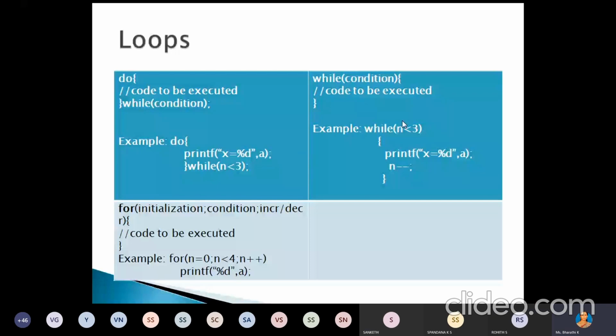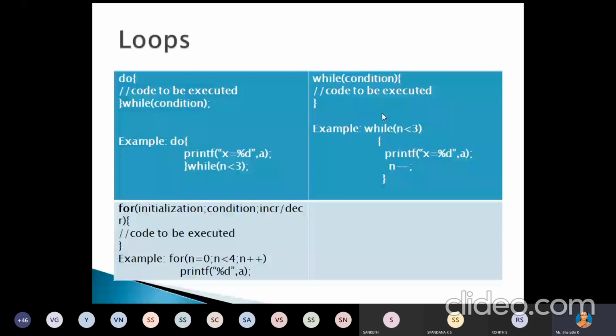Next loop, that is while loop. When can we go for the while loop? Loop is executed 0 or more times. That means we don't know how many times that particular block of code will execute. We don't know the number of iterations. During that time, we can go for the while loop.